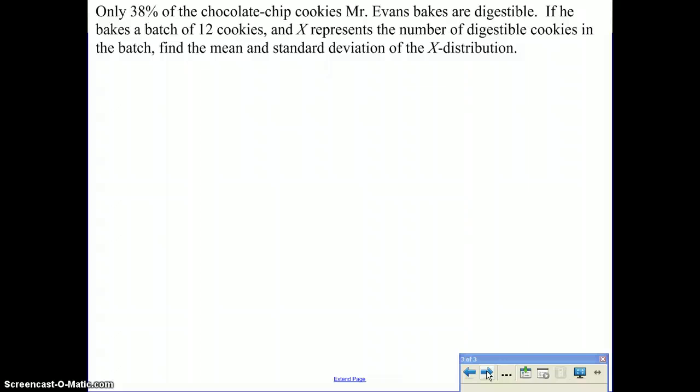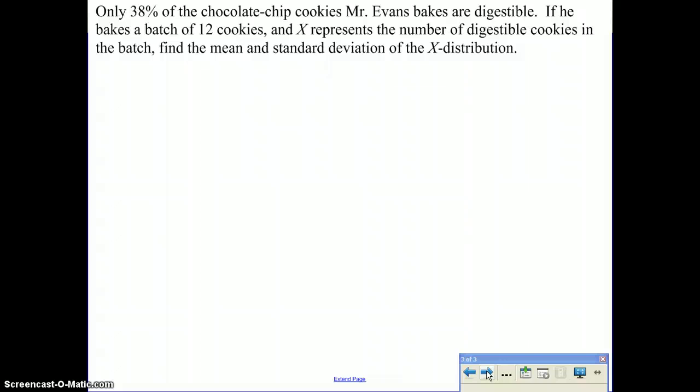All right, first let's describe this as a binomial distribution. Well, is it binomial? It's certainly discrete because we have two possible outcomes. Each cookie is either digestible or indigestible, not digestible.